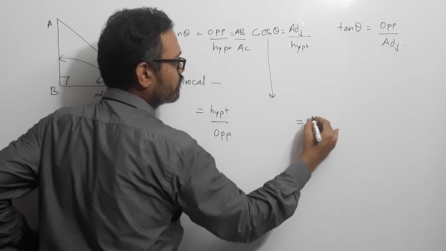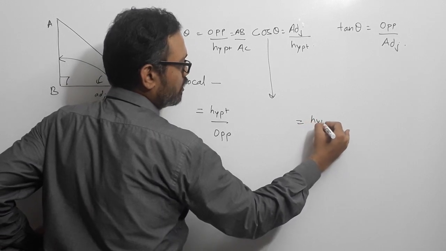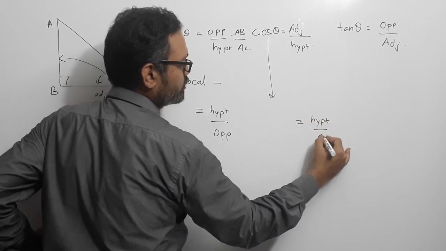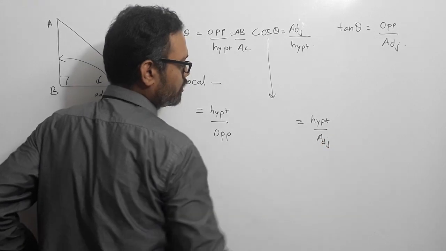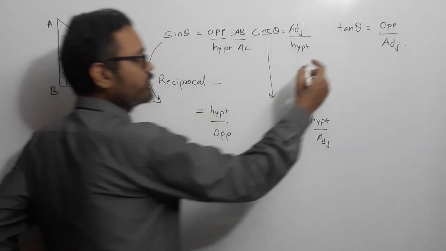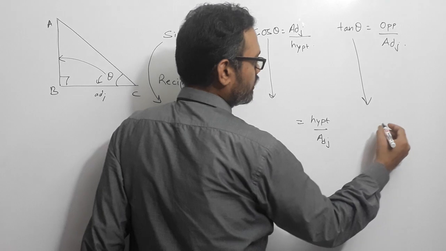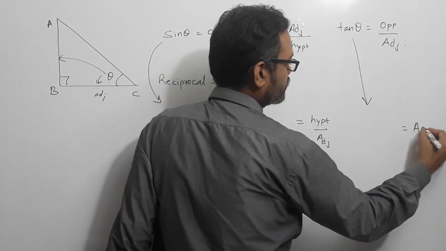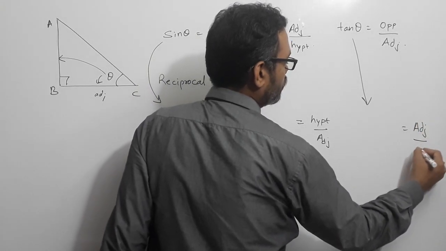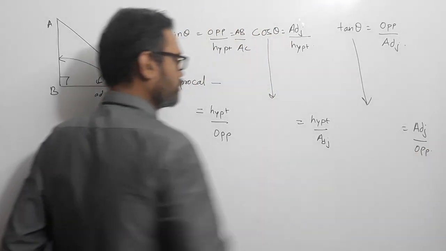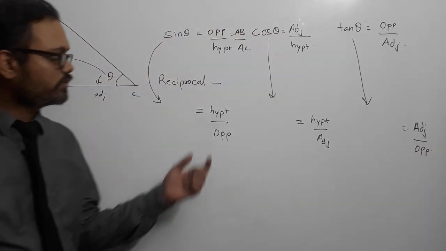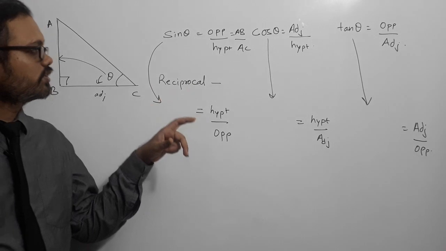Cos theta reciprocal will be hypotenuse upon adjacent. Simple. What will be the reciprocal of tan theta? Tan theta reciprocal will be adjacent upon opposite. Okay, no rocket science, it's just the reciprocal, inverse.